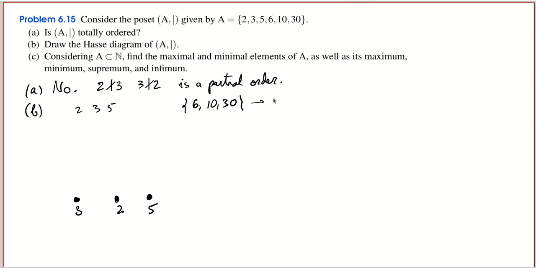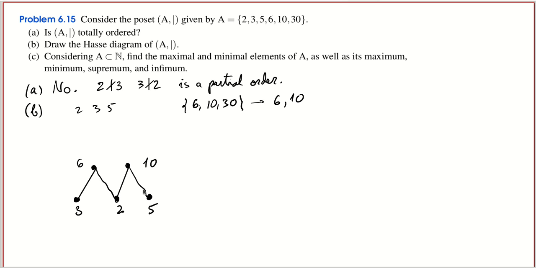And the minimals here are 6, of course. 10 is not divisible by 6, so 10. But 30 is divisible by 10 and by 6. So these are the only minimals. So we have these two new points in this second layer. And now 3 divides 6, 2 divides 6, and 2 divides 10, 5 divides 10, all right?